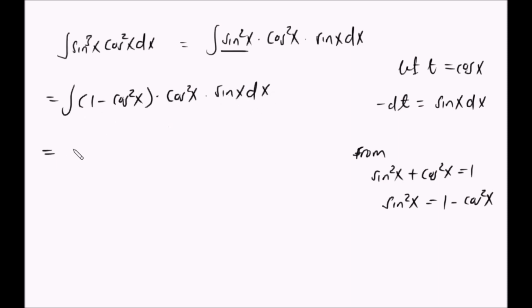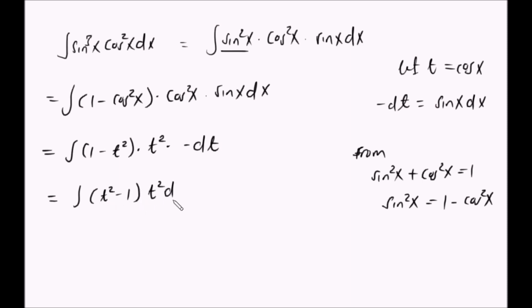So cos x ni t, kwa hiyo itakuwa ni 1 minus t squared times t squared times negative dt. So hii negative nikiweka hapa itakuwa tu ni integral ya t squared minus 1 t squared dt. So hii itakuwa tu ni sasa nikiingiza hiyo t squared t power 4 minus t squared dt.